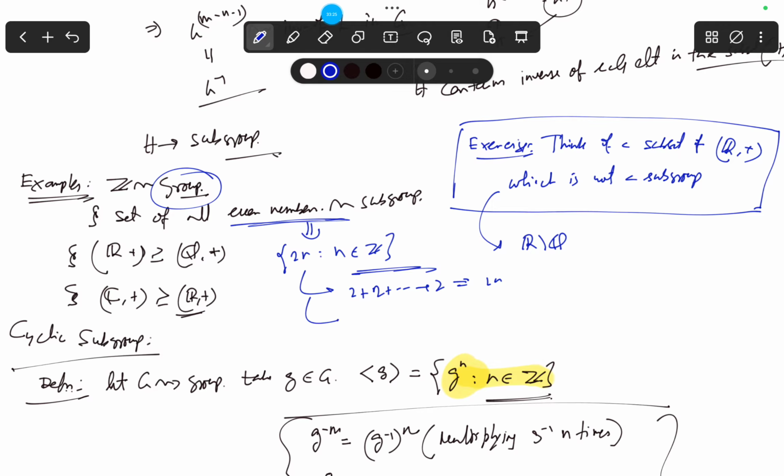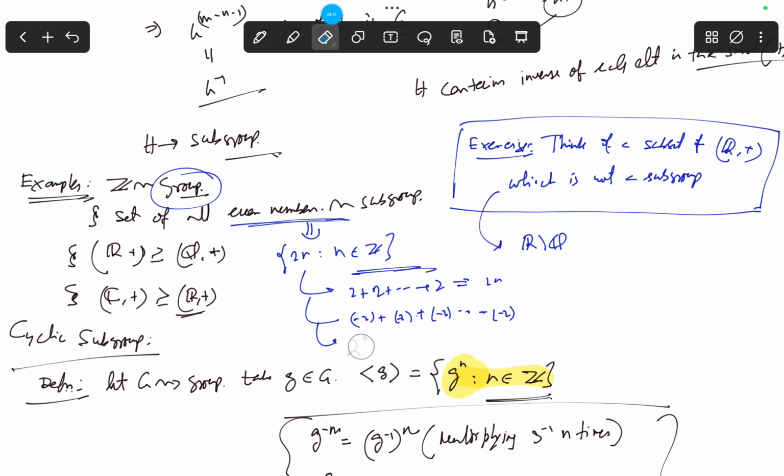For minus n, you are adding negative 2 for n times, and 2 power 0 means you are adding zero copies of 2, which is trivially 0. So this is your subgroup. We can denote it as the subgroup generated by 2 with respect to addition, which is 2 power Z.